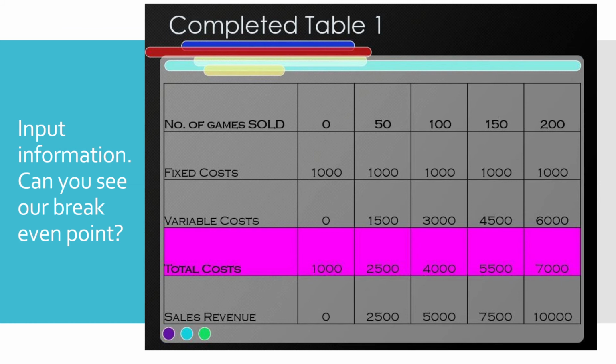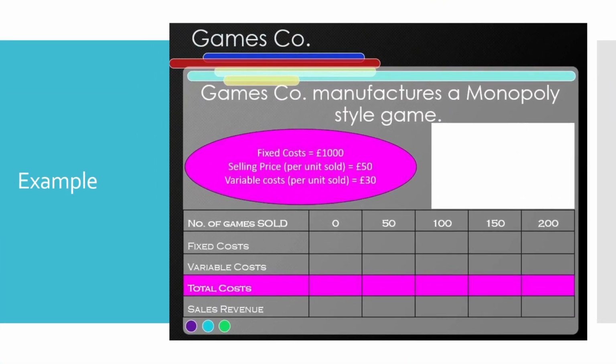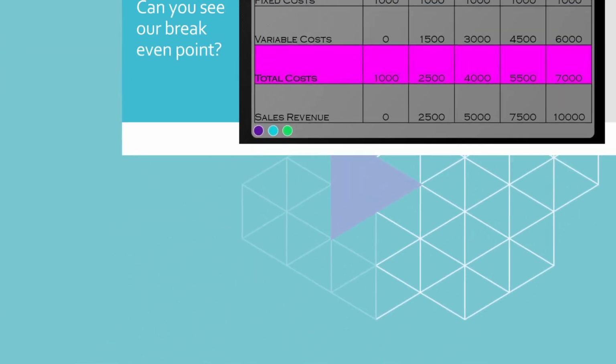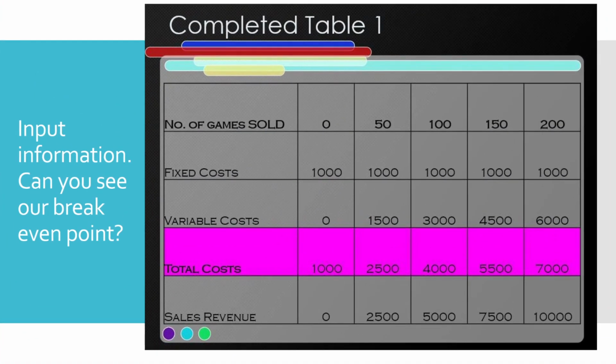And then our revenue was money received from selling these games times the number of units sold. So 50 units sold, and then going back, our selling price was 50. So 50 times 50 gives us 2,500 for our second column of sales revenue, and then 5,000, 7,500, and 10,000.